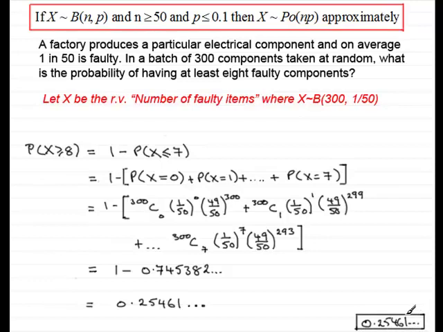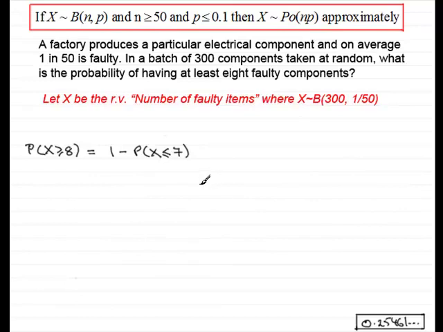Alright. What I'll do is I'll just remove this calculation and then we'll look at the problem again. Now, because we have n as 300 and it's greater than or equal to 50, and the probability of success is 1 in 50, 1/50th, as a decimal is 0.02, that is less than 0.1, then we can see that x must satisfy these conditions so that we've now got a Poisson approximation.